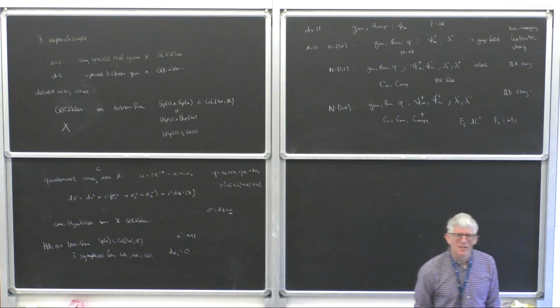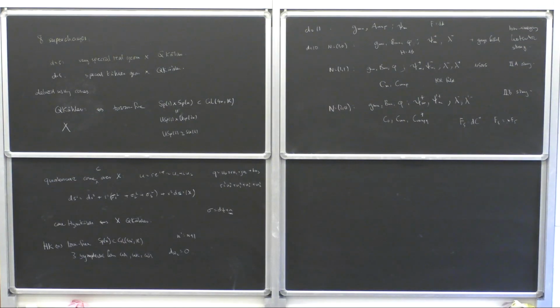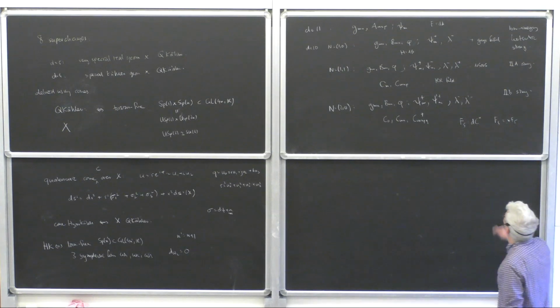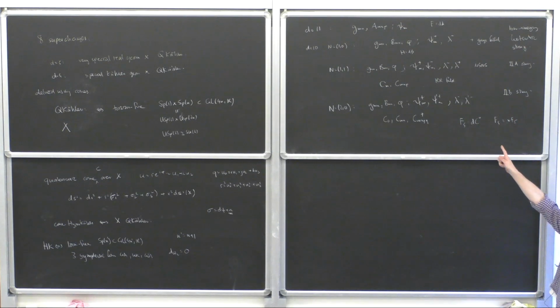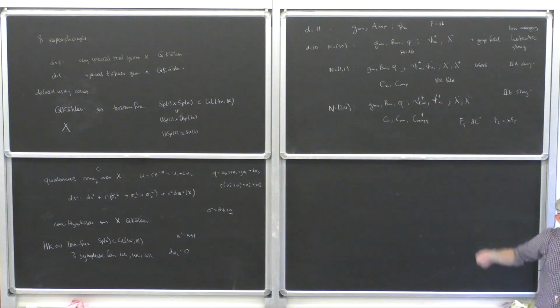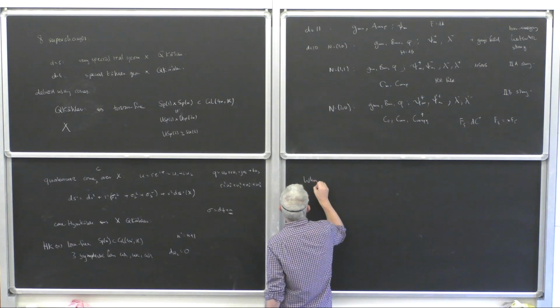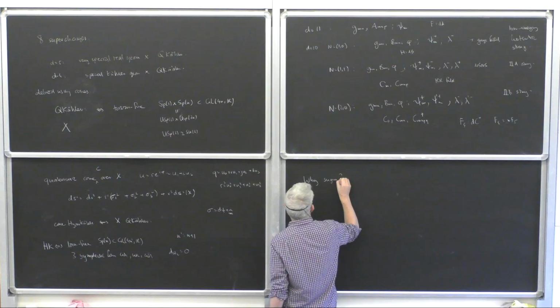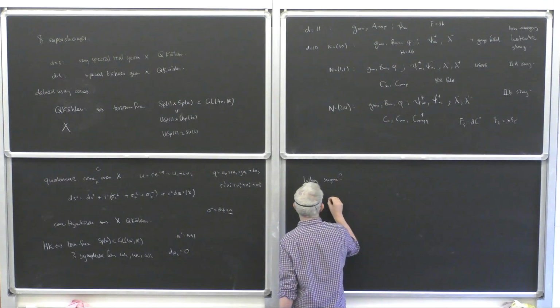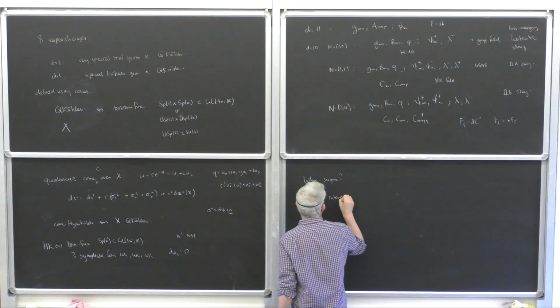I realize maybe I should have said right at the beginning, why should you care about any of this? So let me say, first of all, why supergravity? From one point of view, they're just interesting theories in their own right.